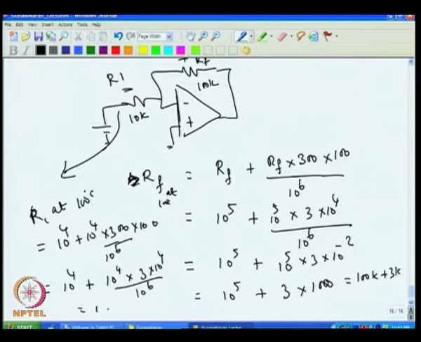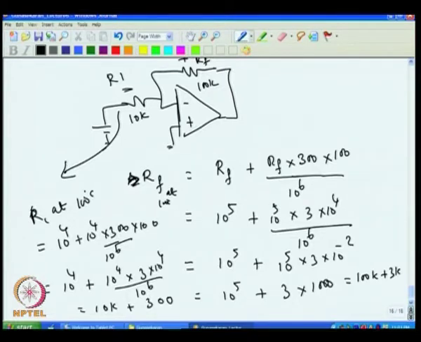That works out to be 10 K remains there, and then 10 power minus 2 comes there. That becomes 10 power 2, that becomes 300 ohms. This one we want to take as a negative temperature coefficient.